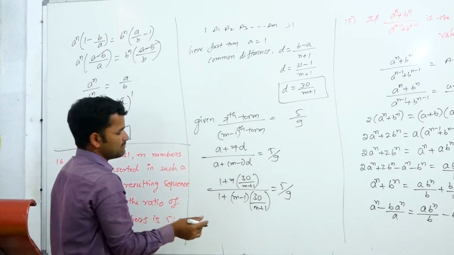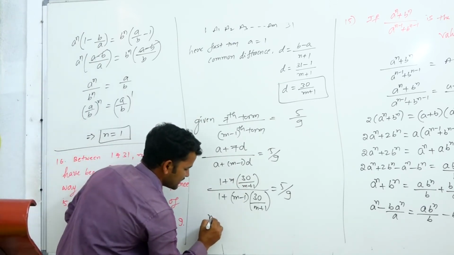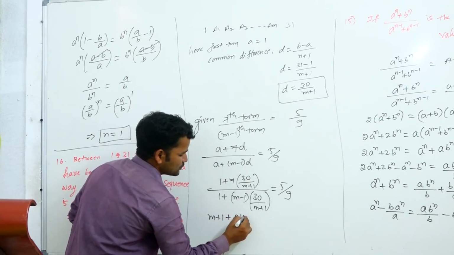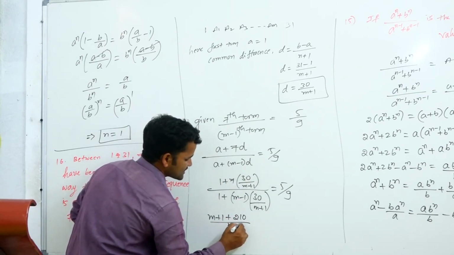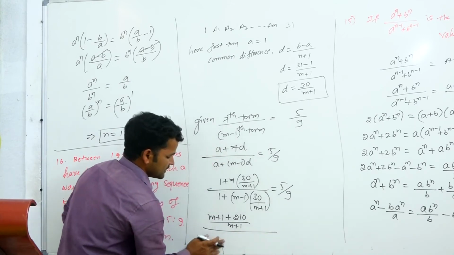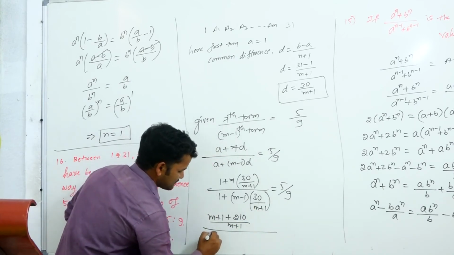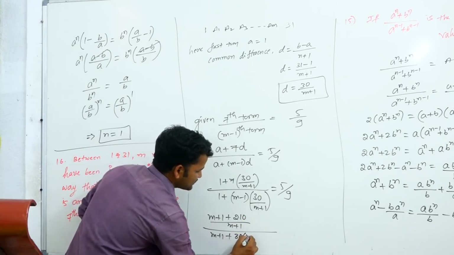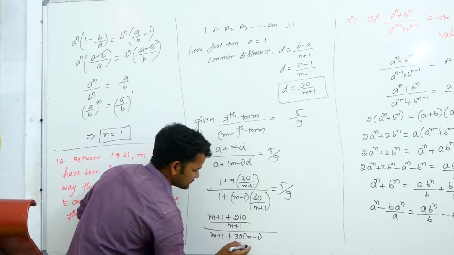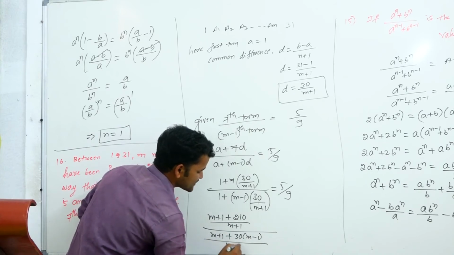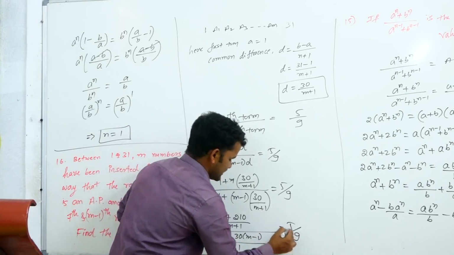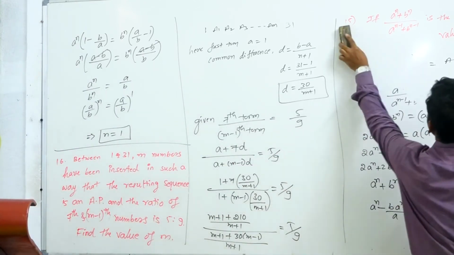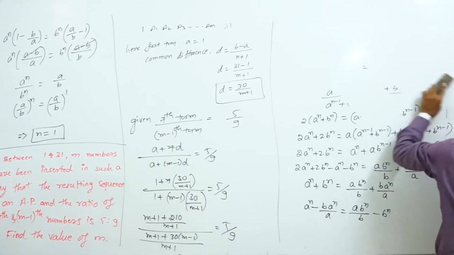Now simplifying it, we will cross multiply. In the numerator, (m plus 1) plus 7 into 30, that is 210, divided by (m plus 1), whole divided by (m plus 1) plus 30 into (m minus 1), divided by (m plus 1). Numerator and denominator are both divided by m plus 1, so that m plus 1 gets cancelled.